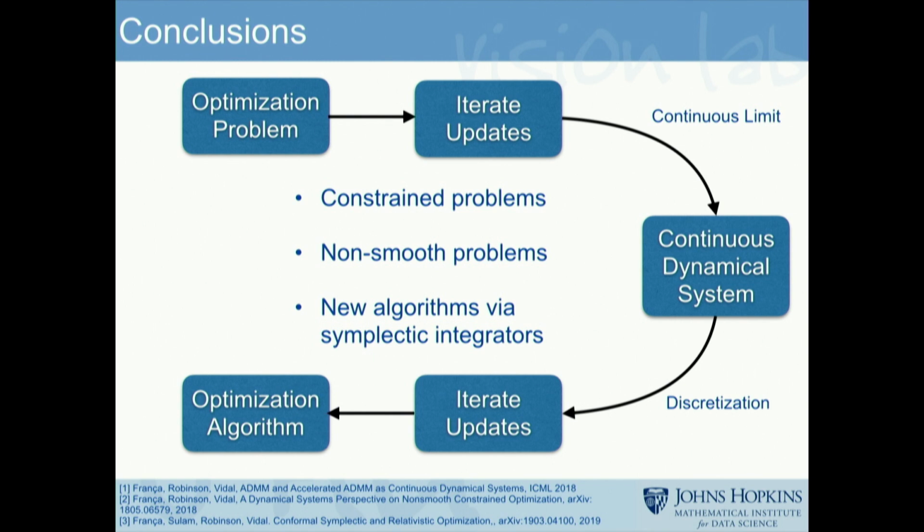And the second one is, can we take continuous dynamics, discretize them in a faithful manner, and get new optimization algorithms with better properties? So we've been able to carry out that program for constrained methods, ADMM, for non-smooth dynamics. We've done all of that for splitting methods, for example. I didn't talk about that today. And I spent quite some time on this idea of symplectic integrators for doing the last part.